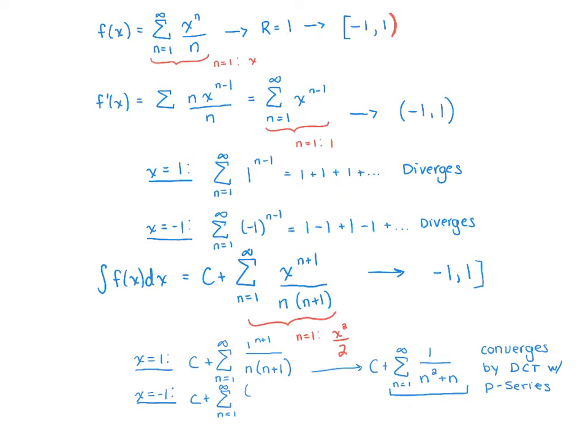So that becomes -1 to the n plus 1. And here is when I would use absolute convergence. This is basically just the alternating version of the exact series that we just generated. So if the all positive version converges, then so does the alternating one. So guess what? Everybody comes to the convergence party.